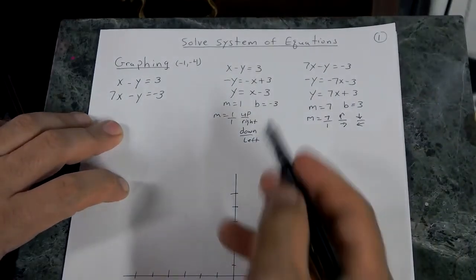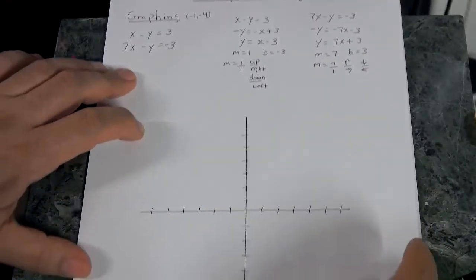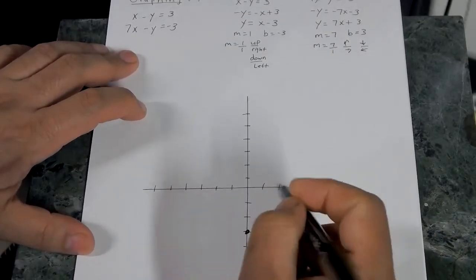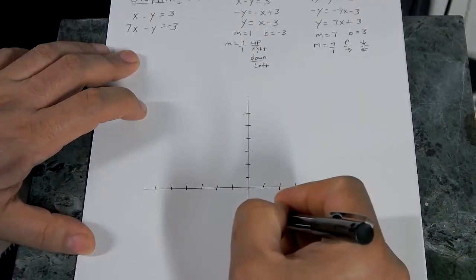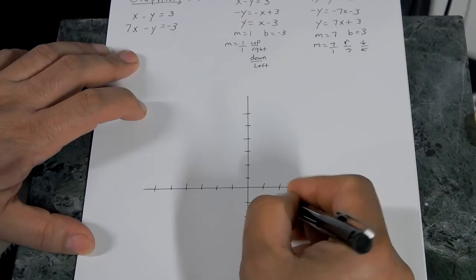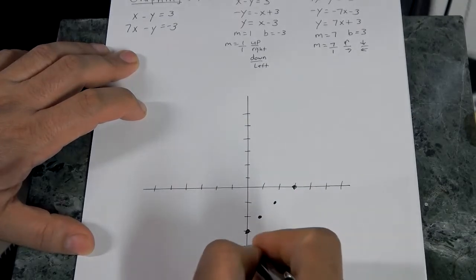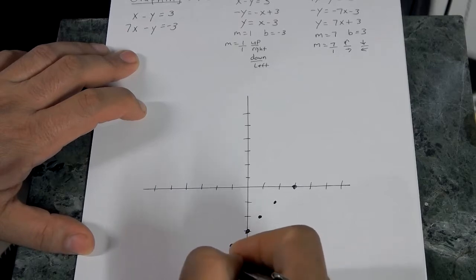Okay, so let's start with the first equation. I start at -3, and I'm going to go up 1 to the right 1. Up 1 to the right 1, up 1 to the right 1, or down 1 to the left, down 1 to the left.